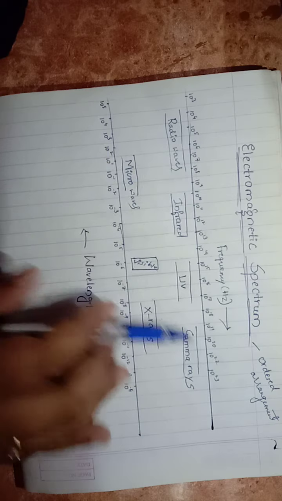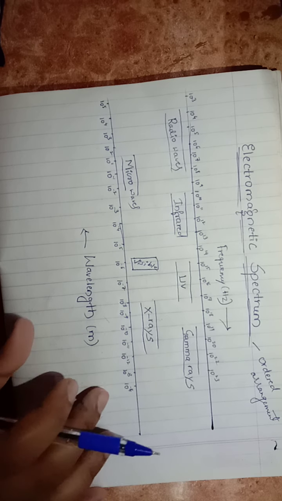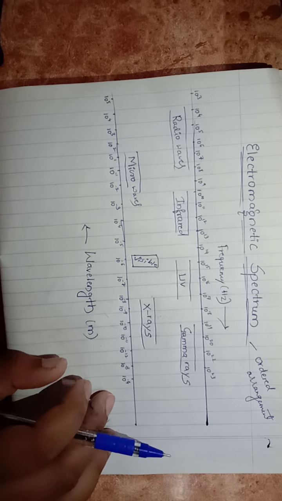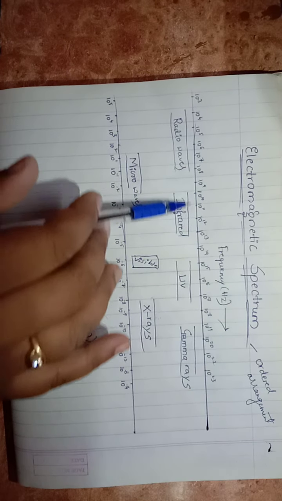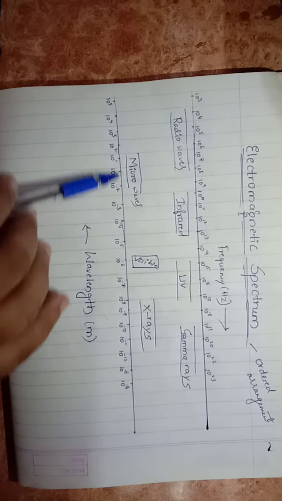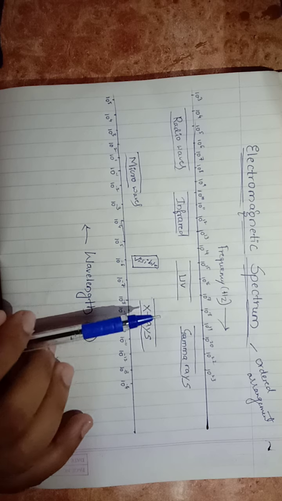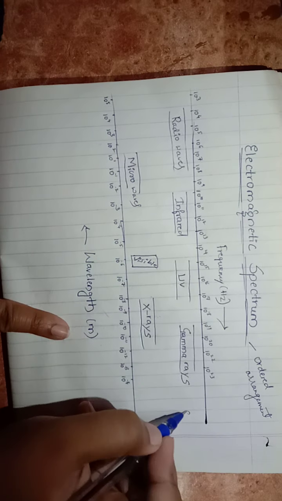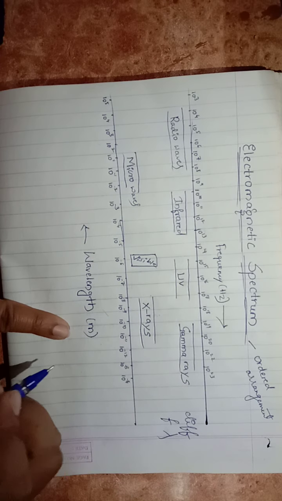Don't worry much about these values, we have written them approximately, but you know the exact values of frequencies and wavelengths, right? So here we have arranged gamma rays, X-rays, UV, infrared, microwaves, radio, visible, all are electromagnetic waves only. But these electromagnetic waves have different frequency and different wavelength.